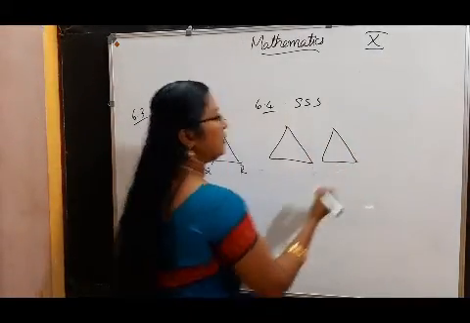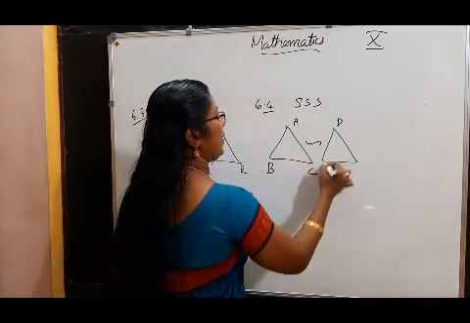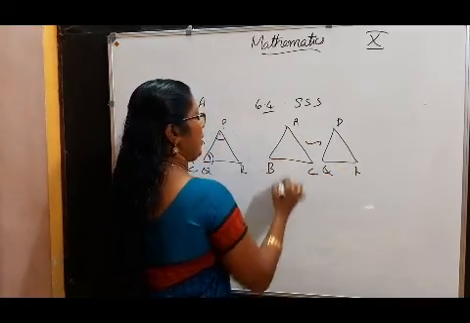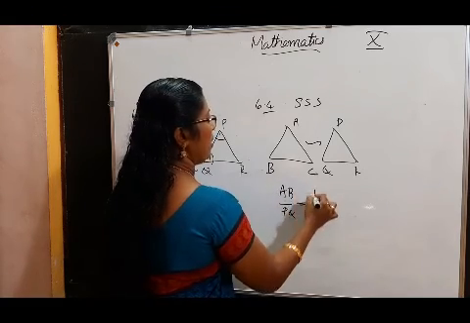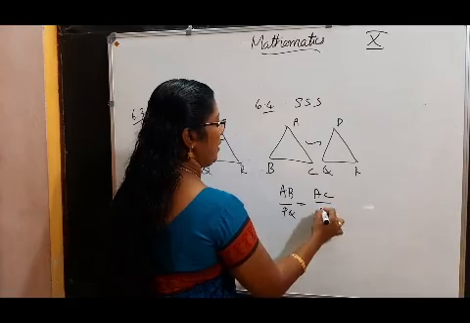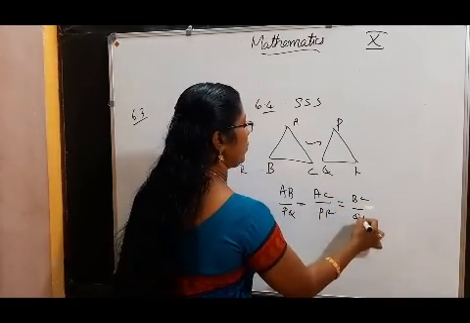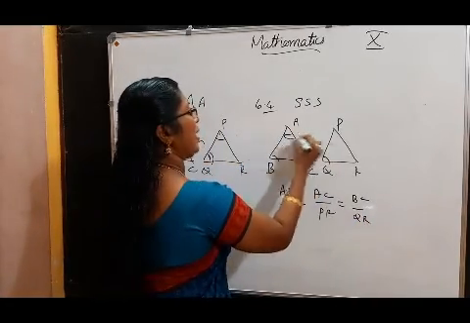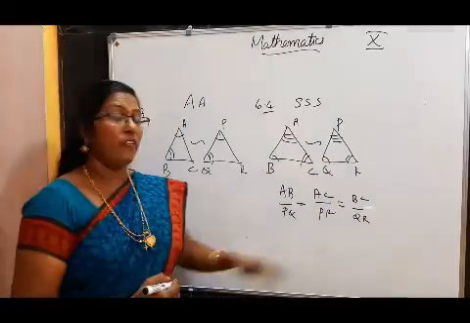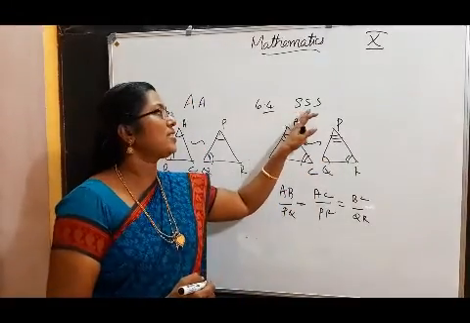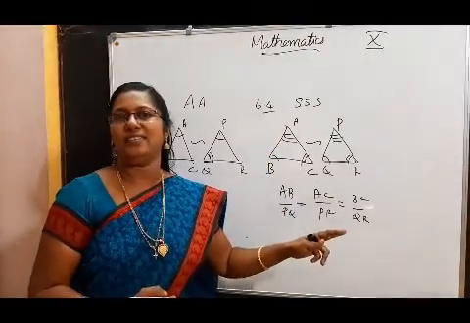That is, the 2 triangles are similar. ABC, PQR. AB by PQ equals AC by PR equals BC by QR, and the corresponding angles are equal. We can say that by the SSS similarity criterion, side, side, side.